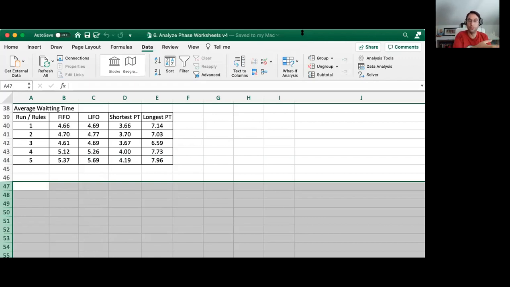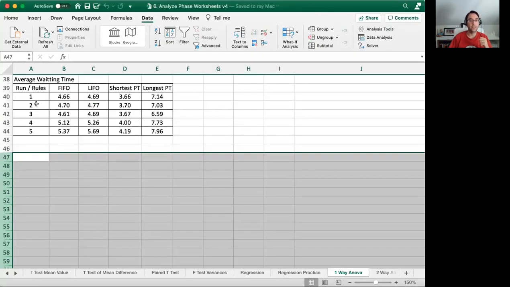With FIFO, the orders received first are the ones I put first. With last in, first out, the last one that I receive, I put first on the list. I can select the shortest processing time, so I look at the batches and see which are the quickest ones, and put those first in line. Or I can use the longest processing time, and put the longest batches first, right?